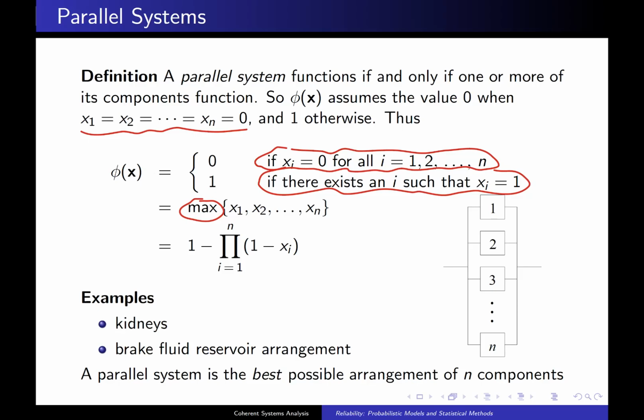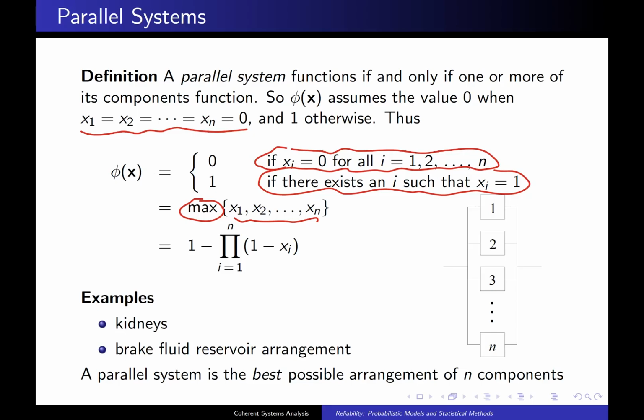So if you think about it, if all of the components are up, then of course this will return a 1. Let's go to the opposite extreme. If all of the components are down, then all of these x's are 0, and the maximum of n zeros is 0, so the system is down as you would expect.